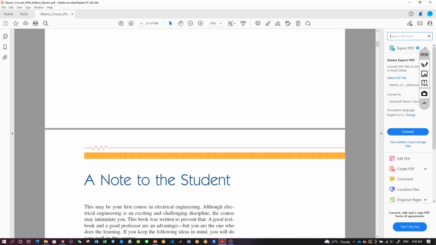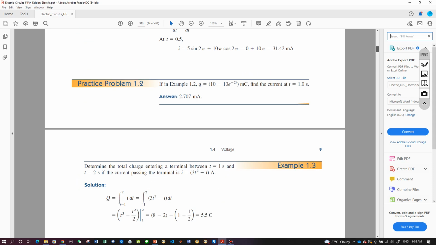It is not an easy book to understand, but there is still a way to do that.